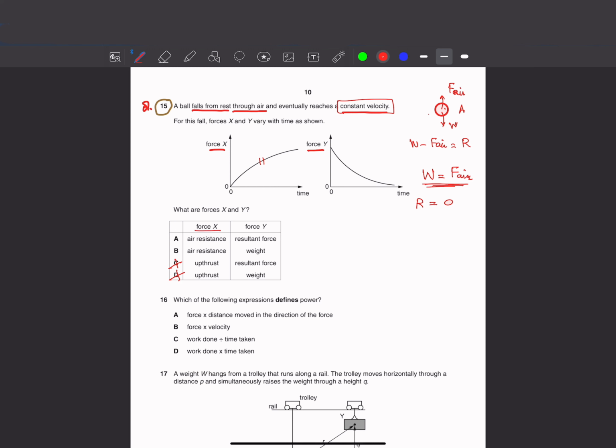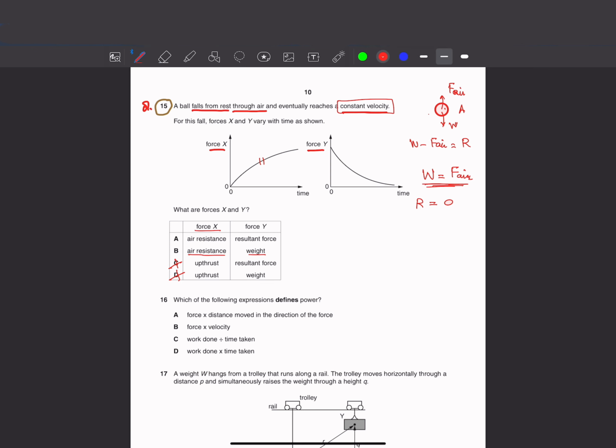So what is the situation in A? You have both air resistance and resultant force. In B, you have air resistance and weight. And you know that when you are falling close to the surface, there will be no change as far as the weight is concerned.